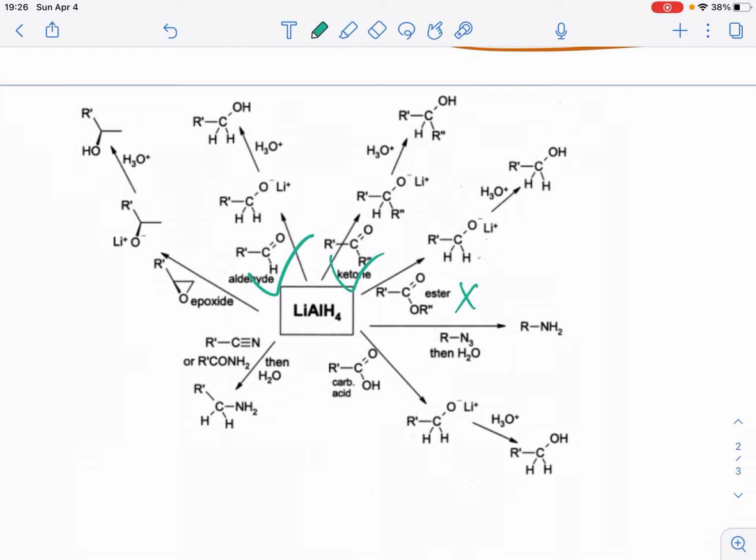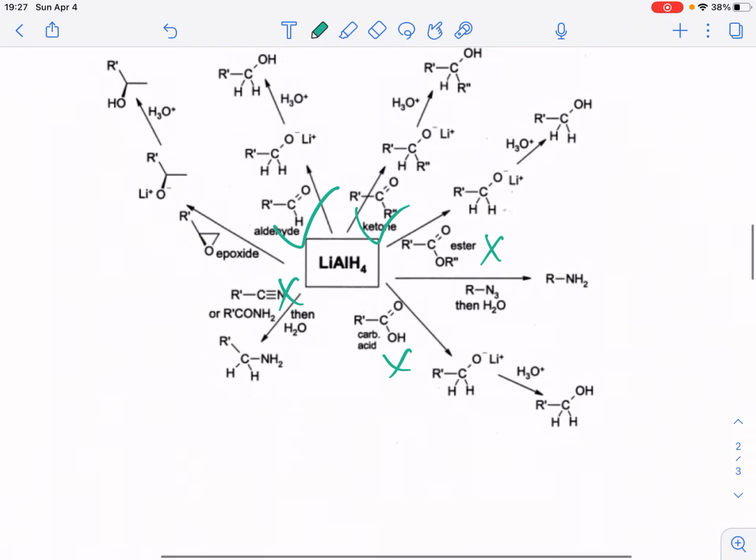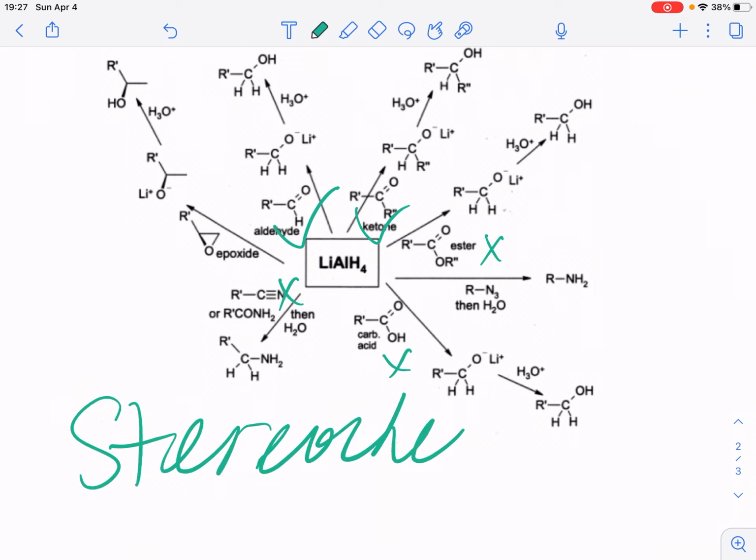Ester, no. The rest, no. This one, definitely no. Acid, no. Right? So be very careful which reagent you use and what is the final product you will get. And also be careful about stereochemistry.